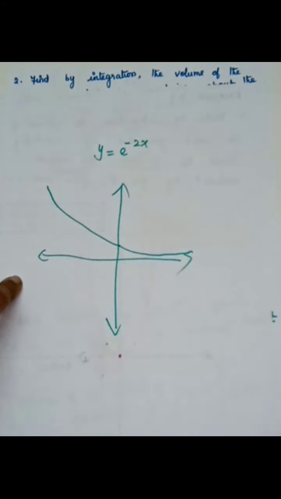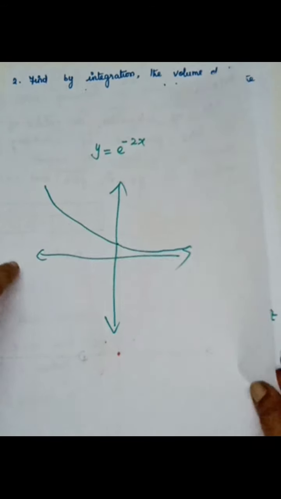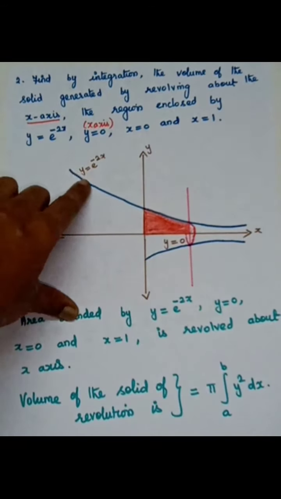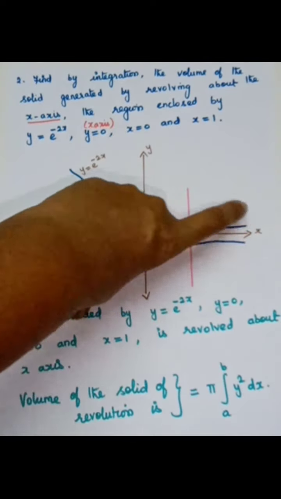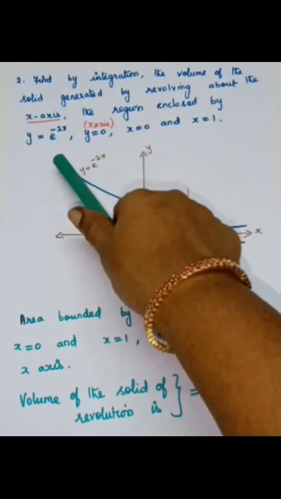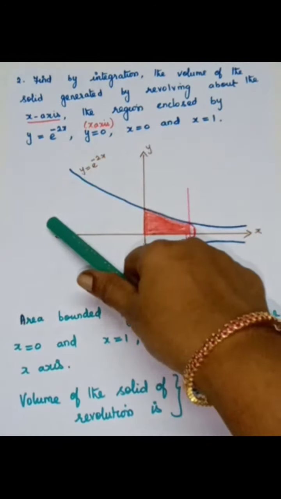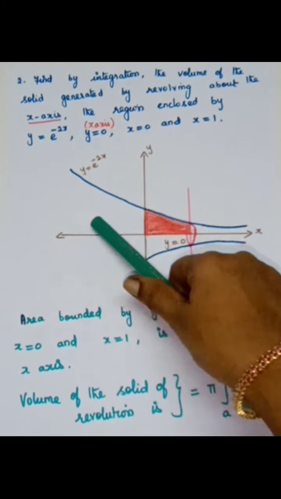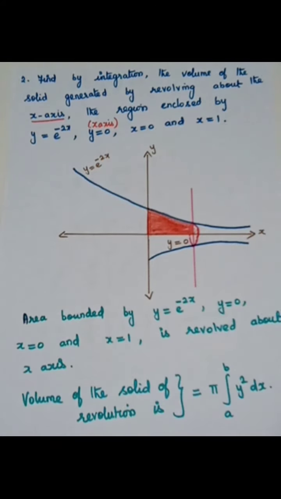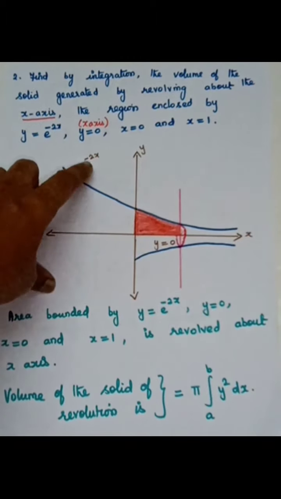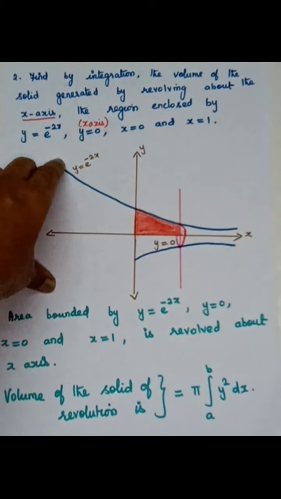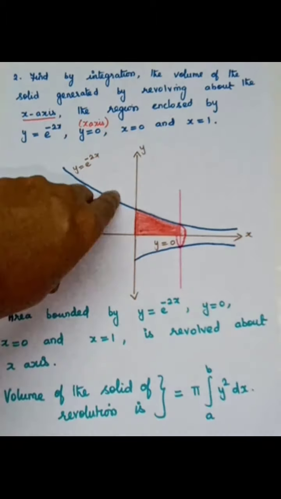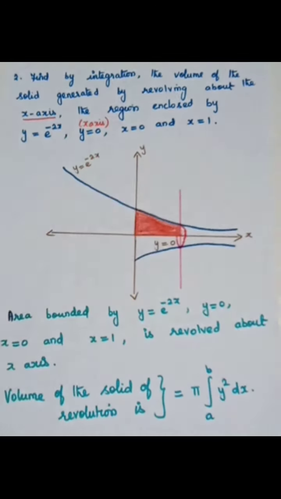In this way only the curve will be there. I have drawn the curve y is equal to e power minus 2x, starting from the highest value and going on decreasing.